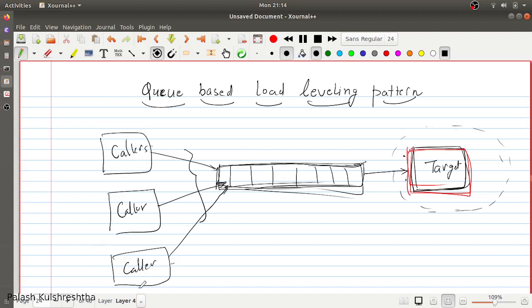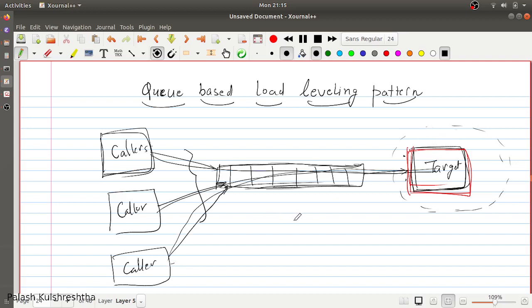Now we also have to consider the case where callers are expecting a reply from the target. If it is a one-way communication, then it is okay that callers just send the request and are done with it. But if they expect a reply from the target, then it becomes complicated.